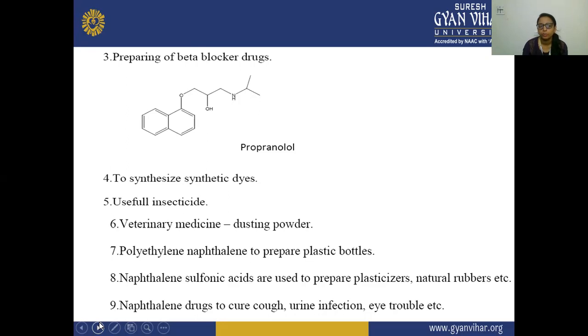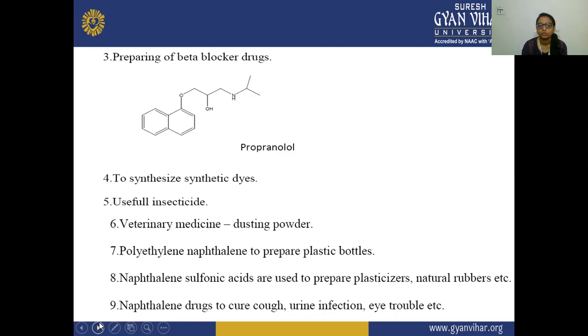Secondly, it is used to prepare dyes. Thirdly, it is used to prepare beta blocker drugs. It is also used to synthesize synthetic dyes. It is also useful for insecticides, and it is used in veterinary medicines and in dusting powders.